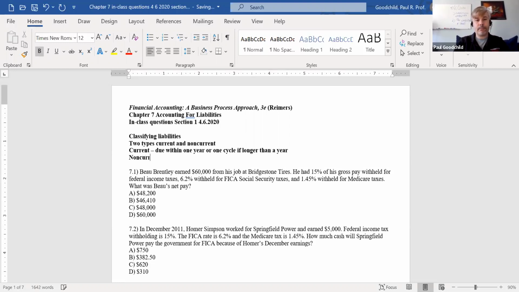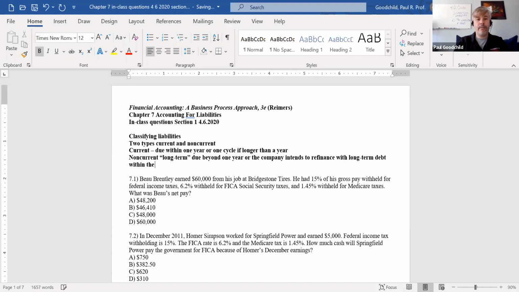Non-current, sometimes you'll see it called long-term, is due beyond 1 year, or the company intends to refinance with long-term debt within the current year.